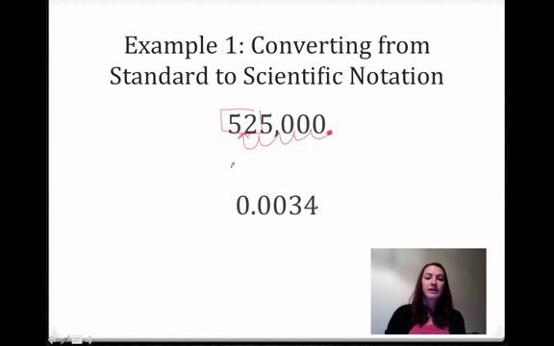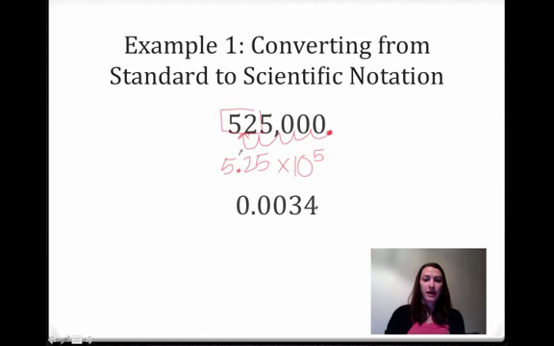Then I'm going to rewrite this number. It's going to be 5 point, so that's where my decimal point is, 25 times 10 to the 5th, because there are 1, 2, 3, 4, 5 places we moved it over. We use 5.25. Okay, we're always going to put it between the first and second number.